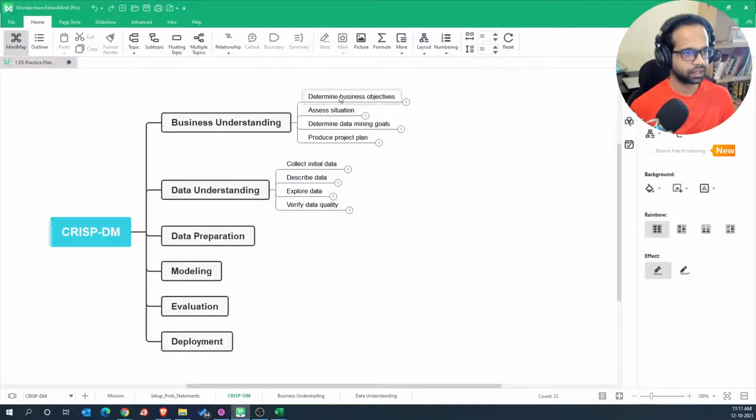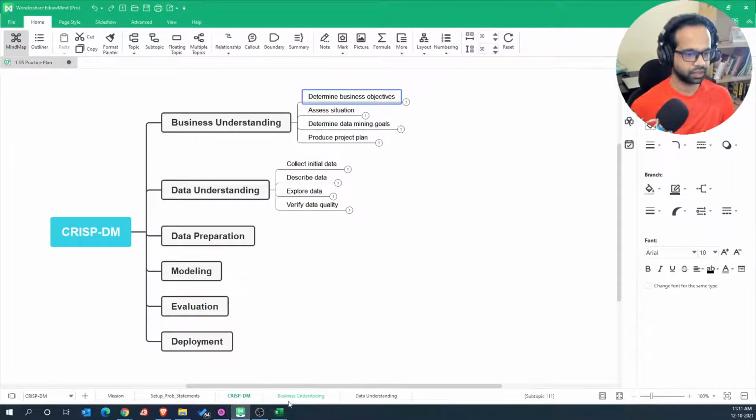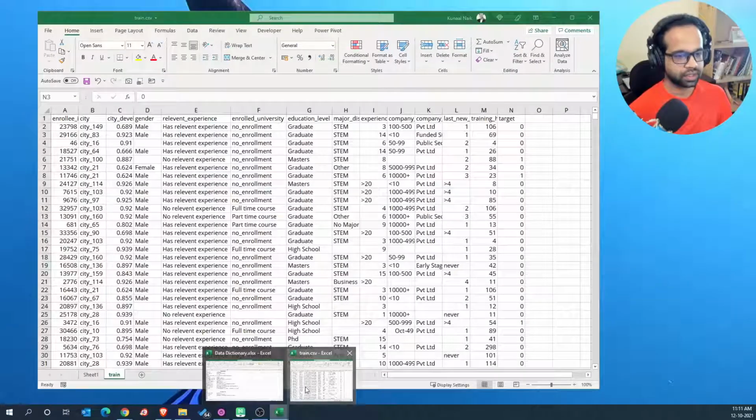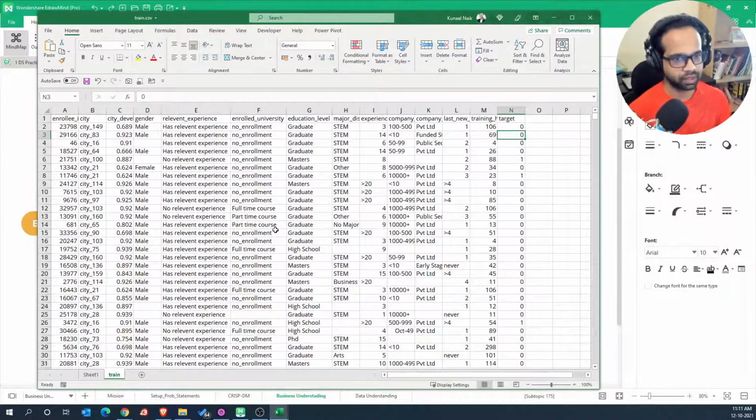Let's determine the business objective. So I'm going to create a business objective. Now let's assume that the HR people are looking at it, and they have the responsibility to retain the employees and proactively work on people that are looking for a job change so that they can retain the good employees.